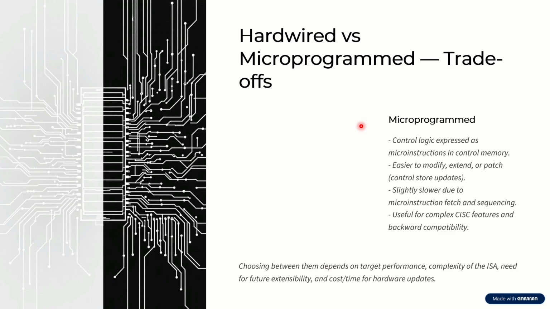Useful for complex CISC features and backward compatibility. Choosing between them depends on target performance, complexity of the ISA, need for future extensibility, and cost and time for hardware updates.